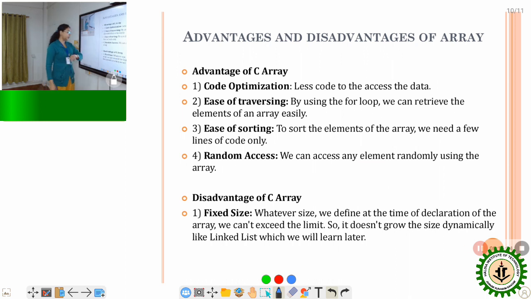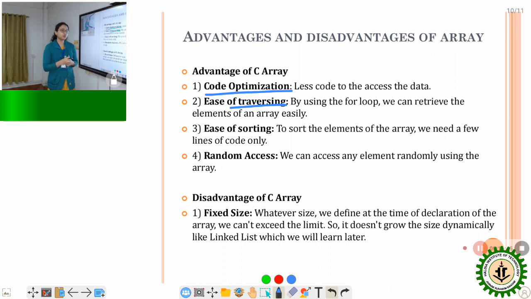And now we discuss the advantages and some disadvantages of arrays. First of all, if we use an array in our code, then our code is optimized. Next, traversal is very minimal because we use a loop.